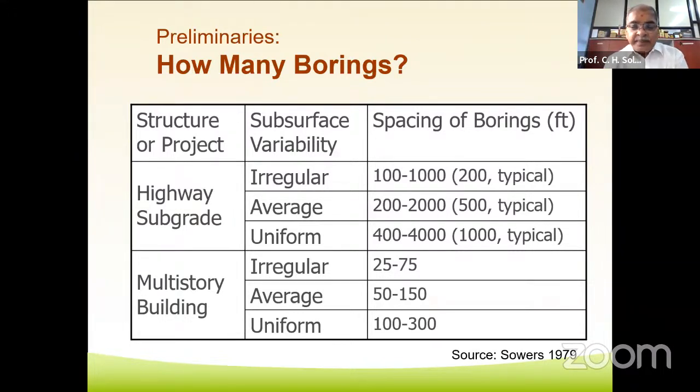As far as subsurface variability is concerned, the soil has been divided into three groups: irregular soils, average soils, and uniform soils. It is suggested that when dealing with uniform soils, you may go for one-fourth the number of borings compared to irregular soils.